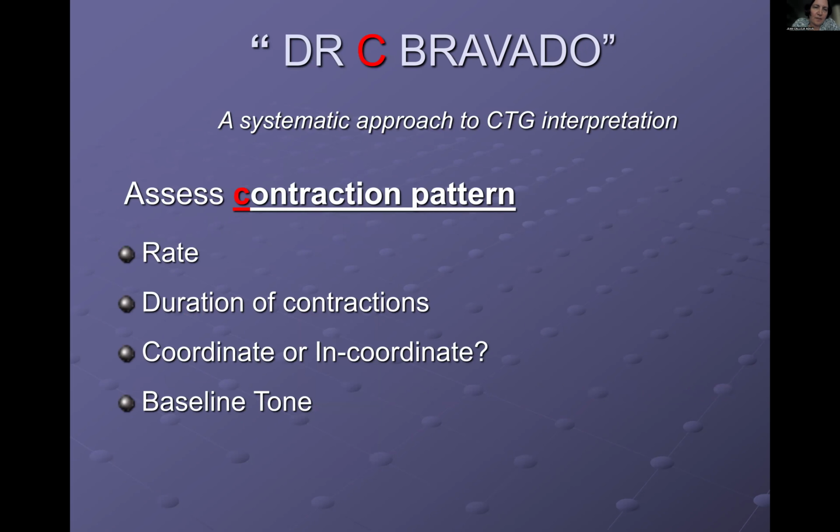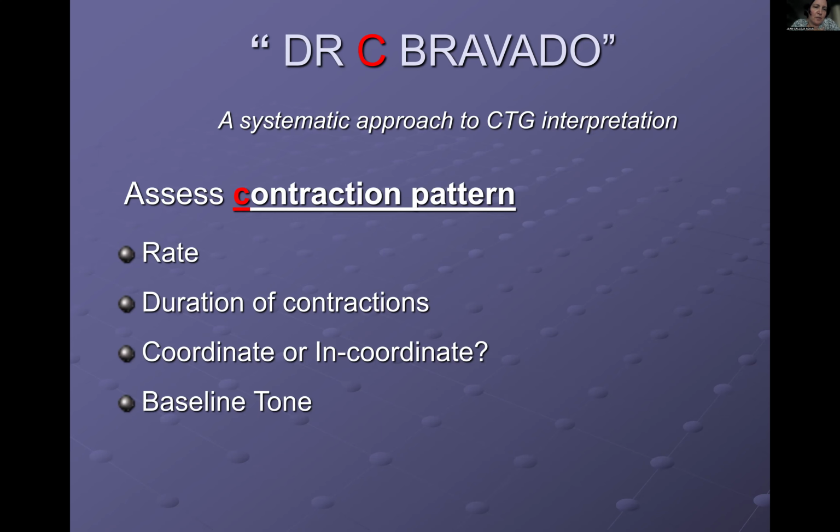The C stands for contraction. You need to check the rate, like how many contractions she is having every 10 minutes. We usually talk per 10 minutes. The duration of those contractions, are they coordinated or uncoordinated? What do I mean by this?